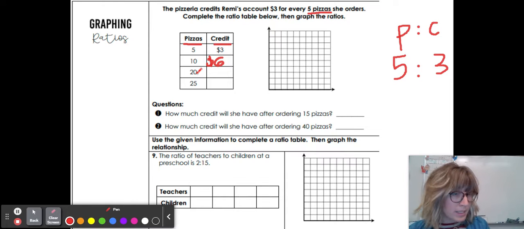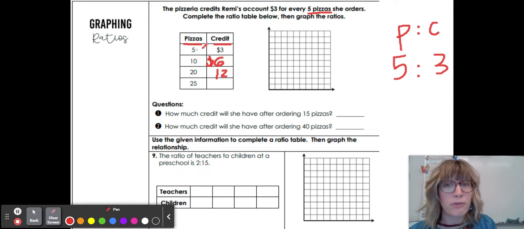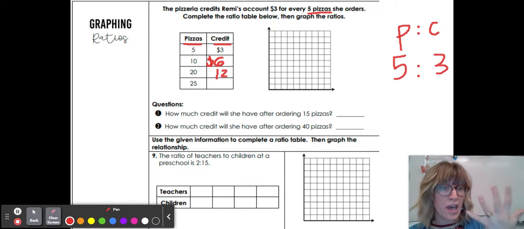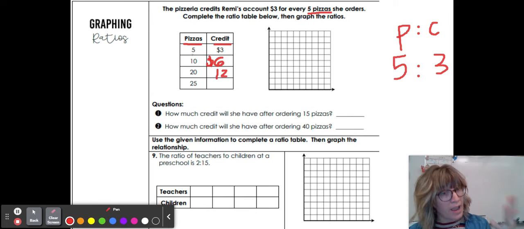Okay. From 10 to 20, we could also just double that, right? We could say that doubled, and so we're going to double 6 as well, or multiply it by 2. 25. Well, there are different ways we can do this. I like to think of different factors or multiples of 5. If I am counting by fives, 25 is a multiple of 5, or 5 is a factor.